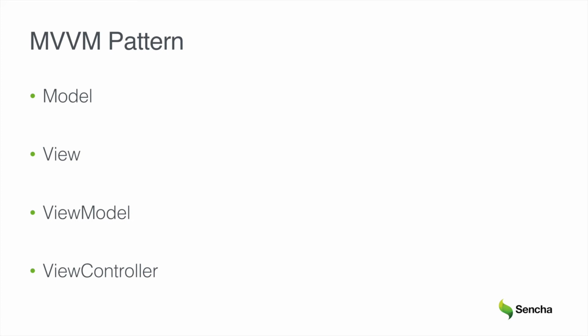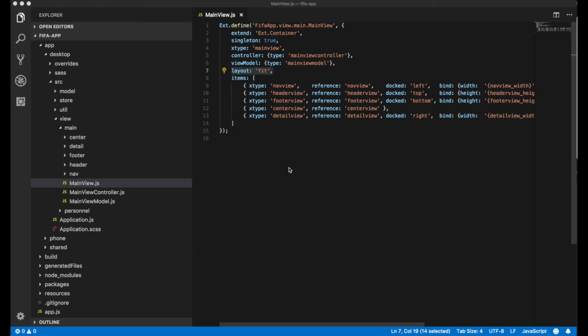Let's look at the definition of the main view of the desktop version of our application. The main view inherits from the Ext container class and contains 5 children. Some of them are docked to the left, top, bottom, and right sides.